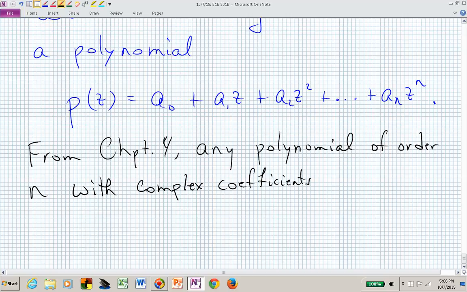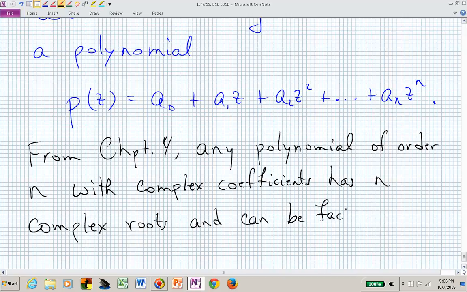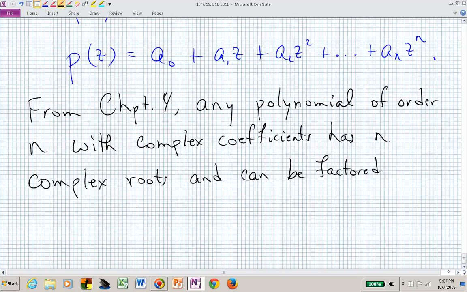So from Chapter 4, any polynomial of order n with complex coefficients has n complex roots and can be factored into n terms.